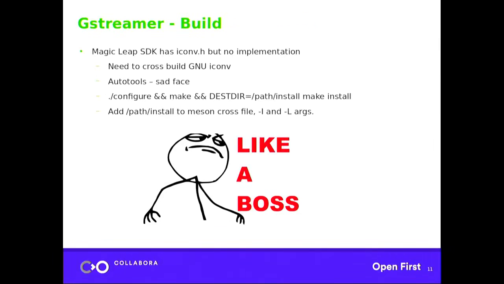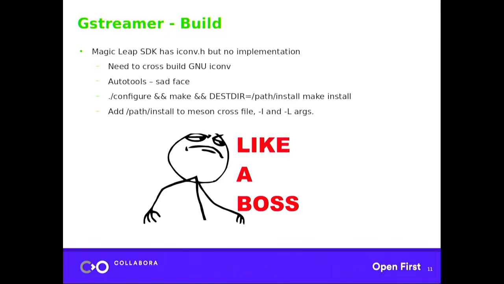Yeah, so the first issue I hit when building GStreamer is that glib depends on iconv. And the SDK from Magic Leap actually has iconv.h, the header, but surprisingly, they don't have the implementation. Usually the implementation comes from the libc, but no symbols there. Don't know why.